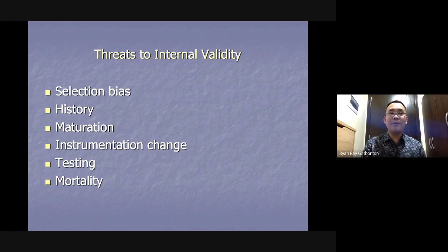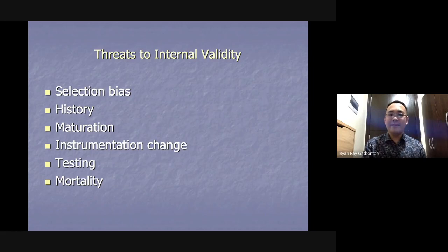Do you think the school's smoking cessation program has an effect on your outcome? Definitely yes. So therefore there's a question whether your smoking cessation program, what you did, has an effect on the outcome you got. So there's a threat to internal validity. So that situation reflects your history threat.